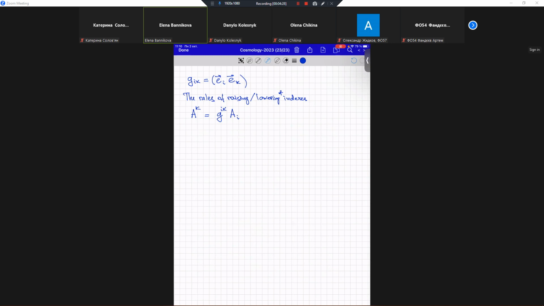On the right side the summation index i disappears in the left part, but k is kept. So this is the rule of raising.